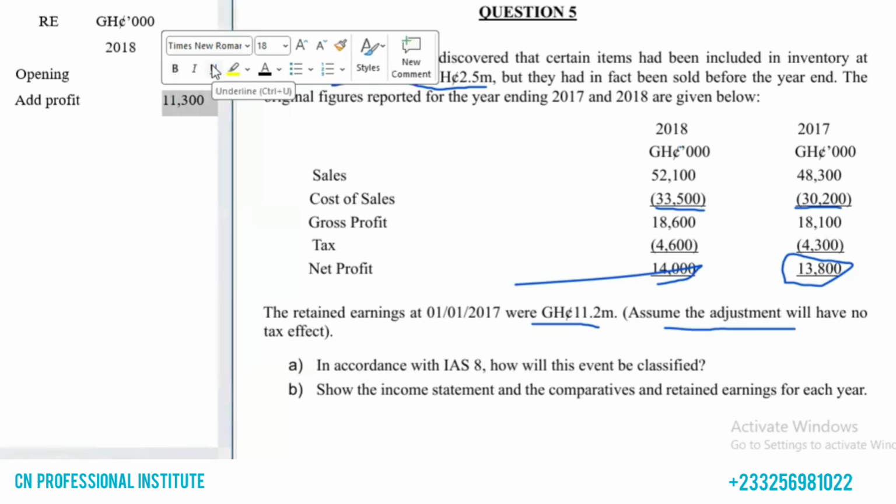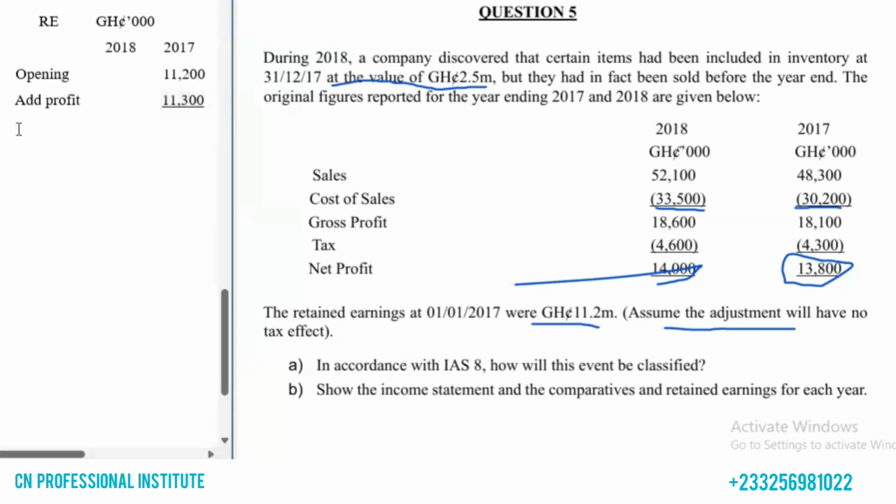So let's underline. We'll get the closing retained earnings of 22,500.